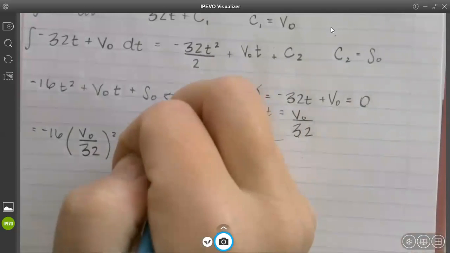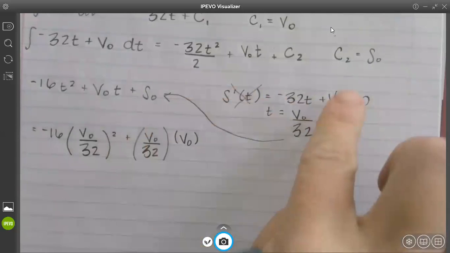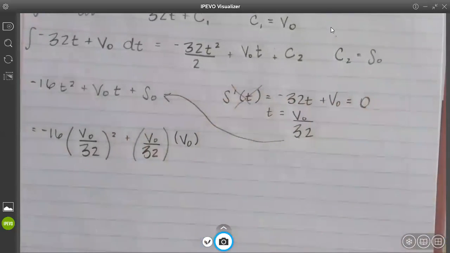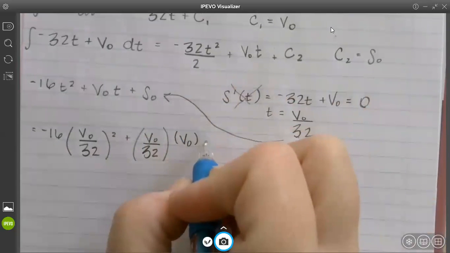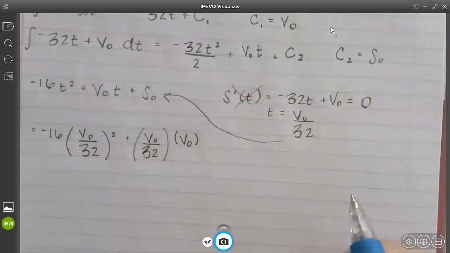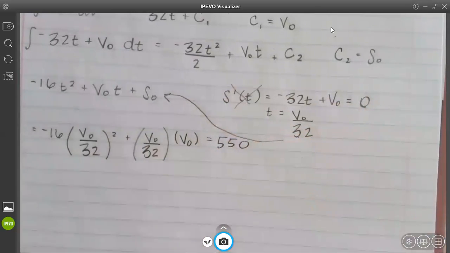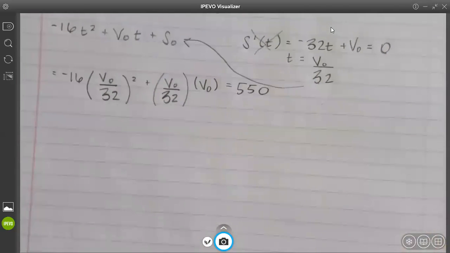Yes, sorry. I was thinking about this part. And then we have a 0 here because the S is 0 right here. What did it tell you that it was going to be? 550. So now we're going to work this out.